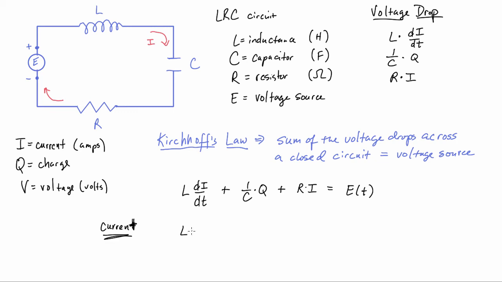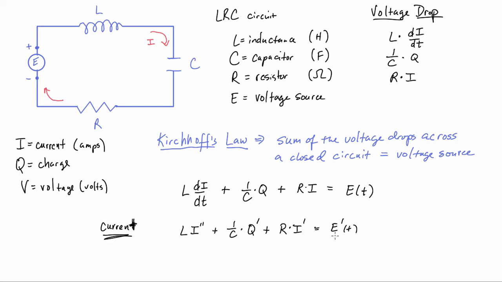So notice here, if I take the derivative with respect to t, that's two derivatives now, plus 1 over C times the derivative of Q, plus R times I, the derivative there. I'm just taking the derivatives of the pieces with respect to time. L, C, and R are not functions of time. They're constants, so I can avoid them when I take the derivative. And that's equal to E prime.